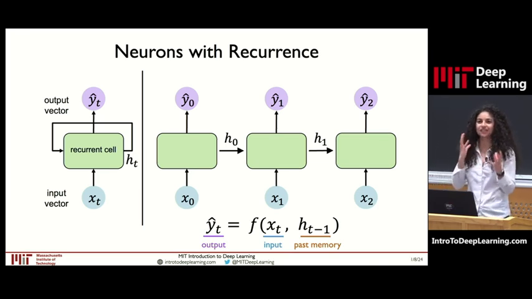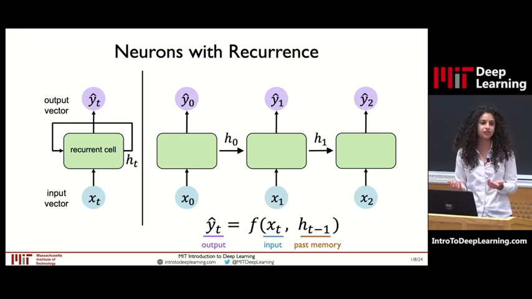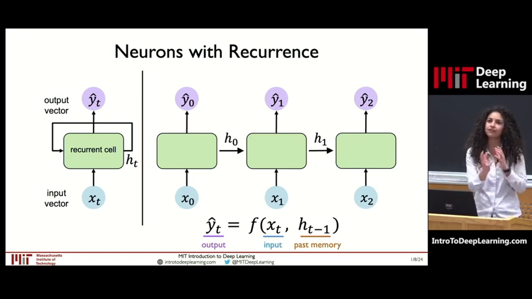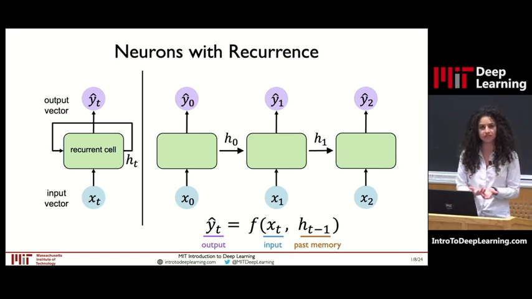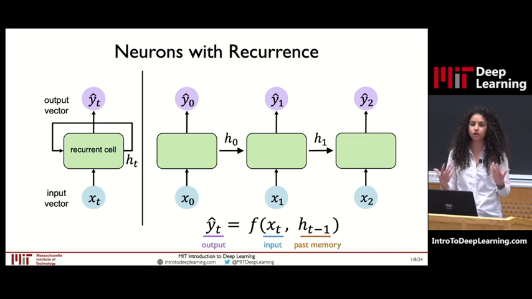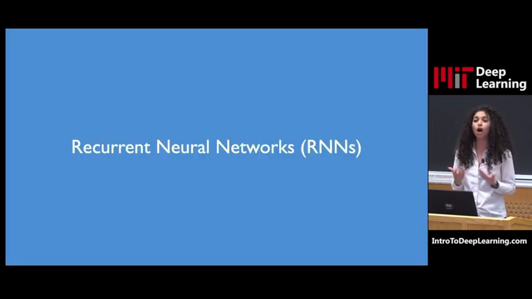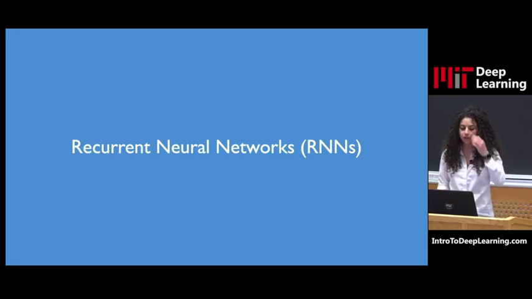Okay, so this is kind of the mind-warpy part, where you think about how we unroll and visualize and reason about this operating over these individual time steps, or having this recurrence relation with respect to itself. So this is the core idea, this notion of recurrence, of a neural network architecture that we call RNNs, recurrent neural networks.